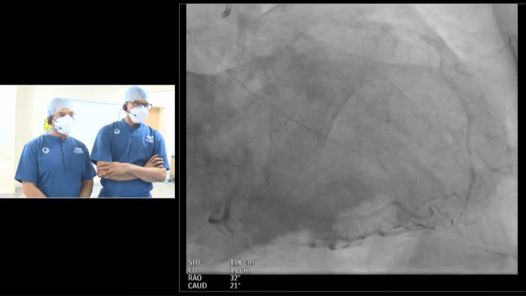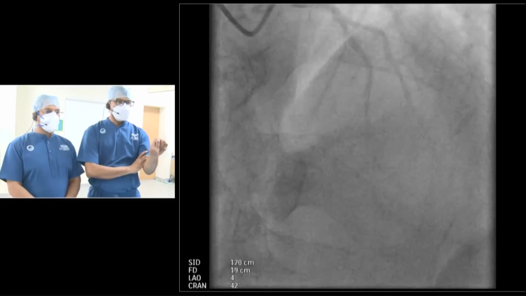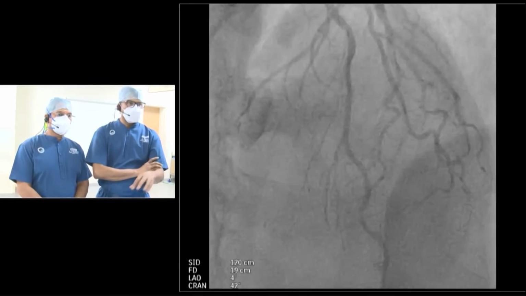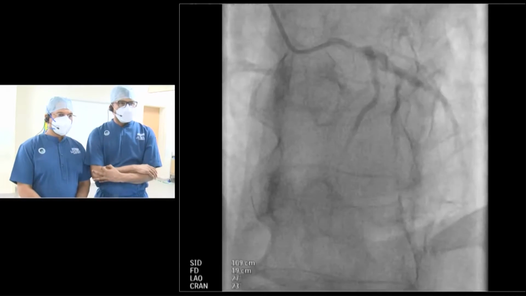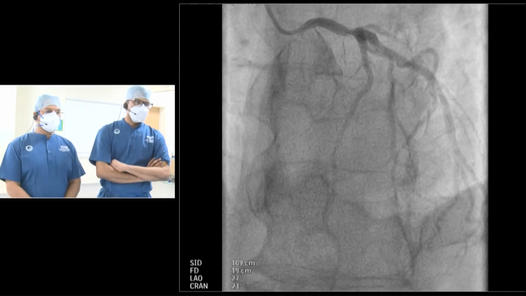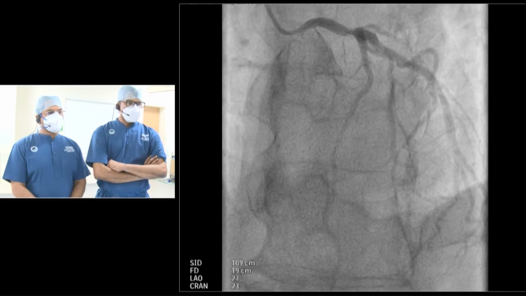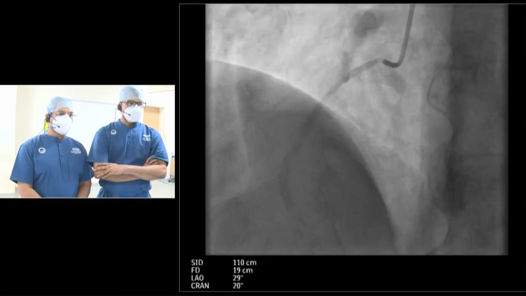Can you go to the next view? Here you can definitely appreciate that the distal left main is significantly diseased, and the stents which were placed in the OM are functioning well, and the circumflex flow is good. So I'm sure that you can appreciate the distal left main disease there.